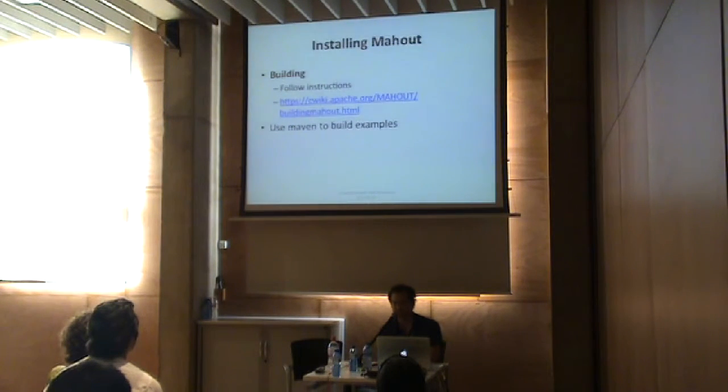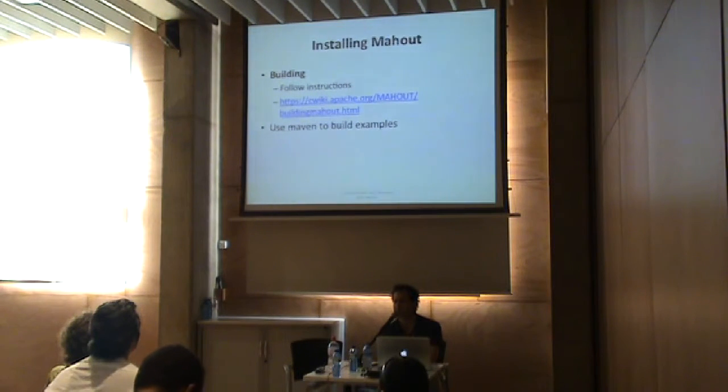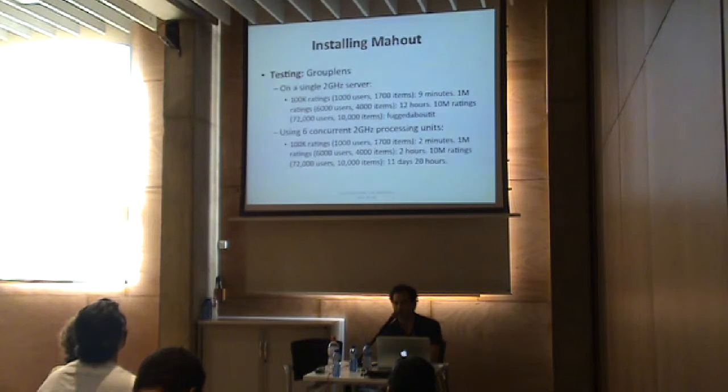You basically just follow the instructions at this link, if you're using Ubuntu. Otherwise, if you're having problems, you can post them to one of 3 different issue queues linked to, I think, at the end. And use Maven to build the examples. There's an example that's included with the Recommender API. All you have to do is download a data set, which is called GroupLens.